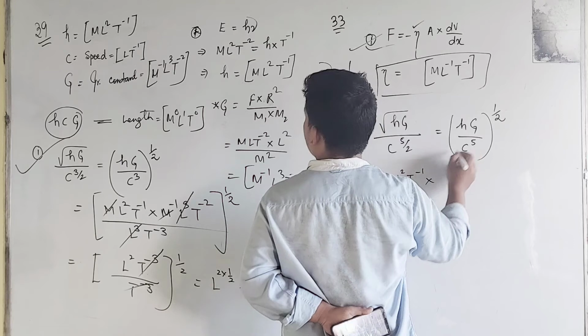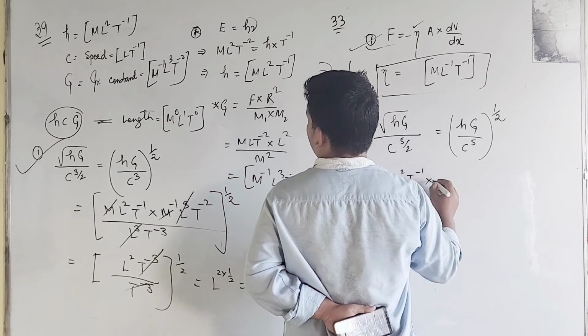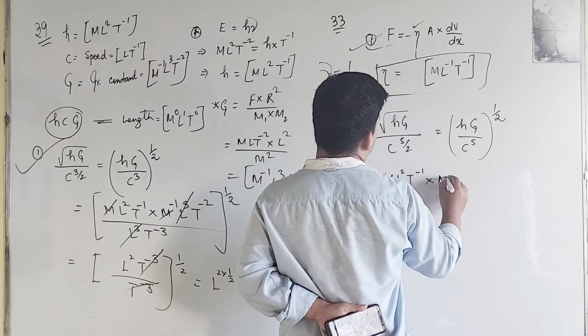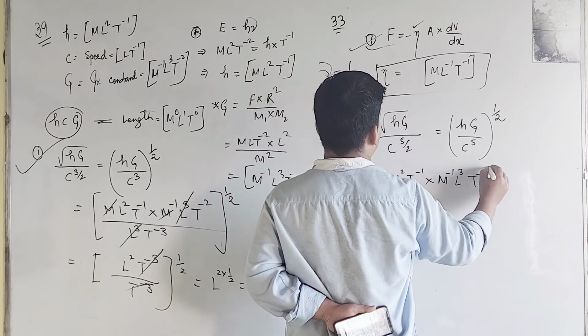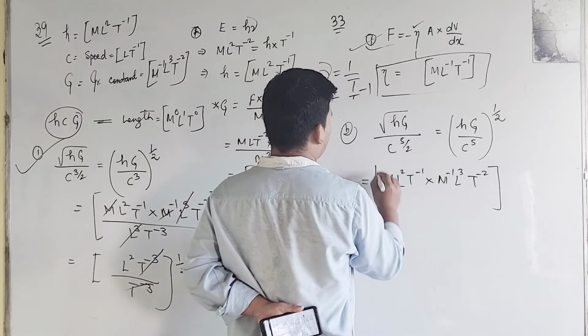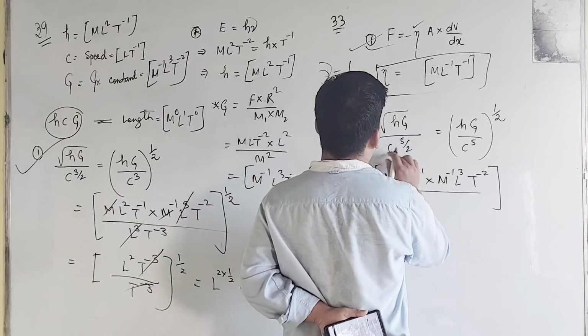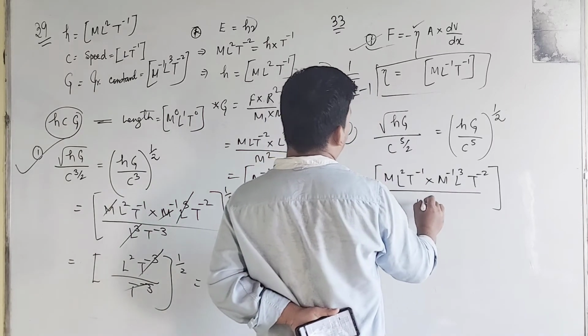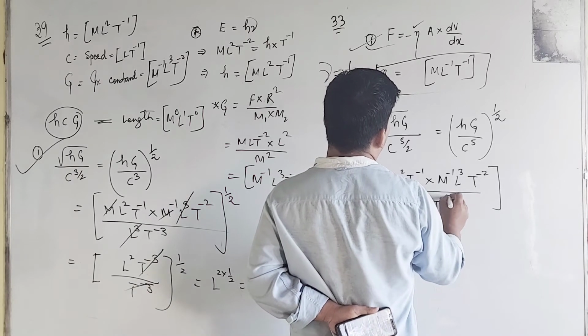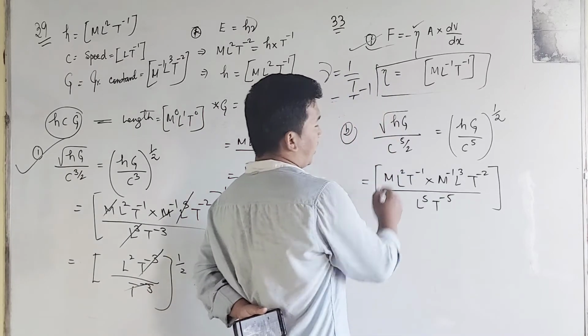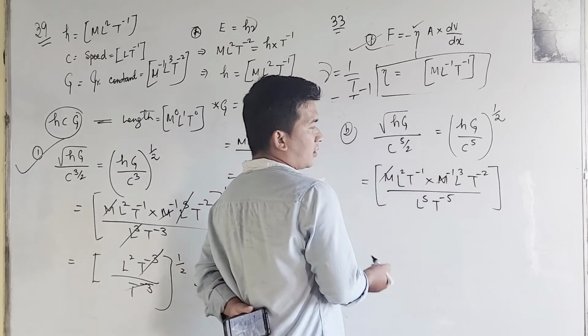Into what about the value of g? This is m inverse l cube t minus 2. And the dimension of c is l cube, so this will be l to power 5 t to power minus 5. Here m and m get cancelled out, and we must be able to cancel out the time also.